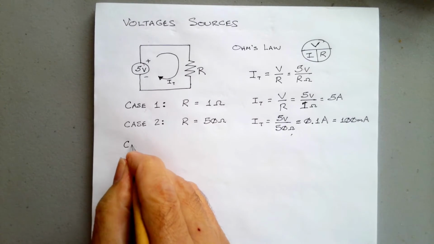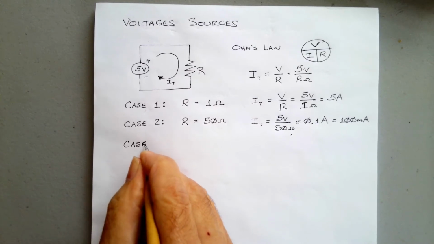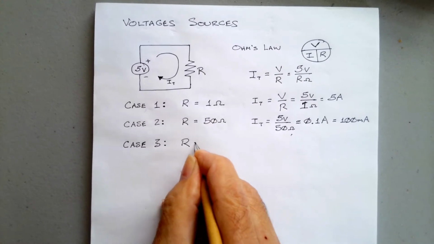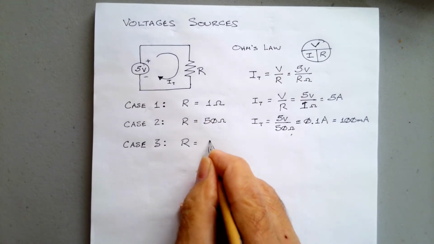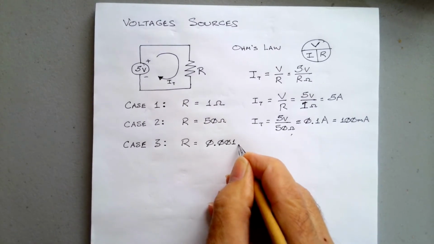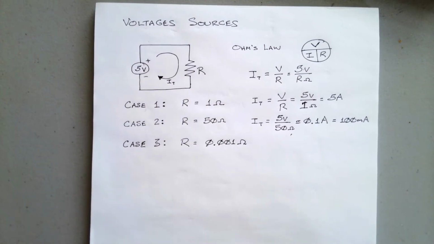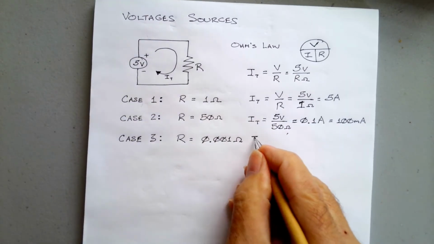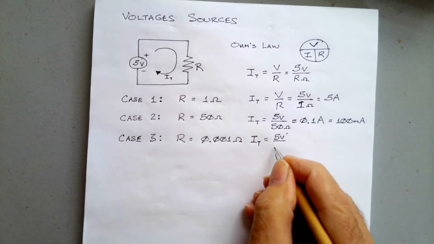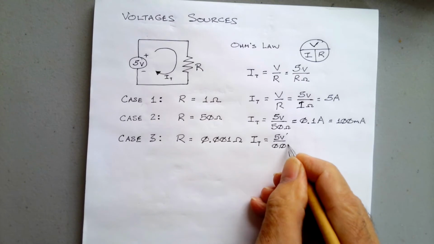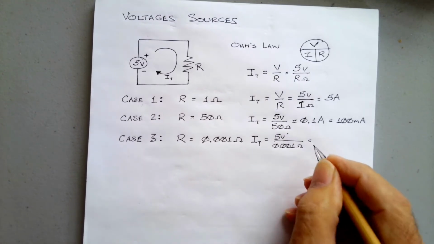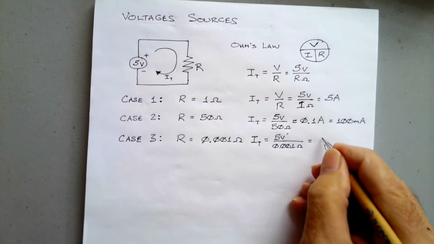Let's take an extreme case, where R is equal to 0.001 ohms. R is equal to 1 milliohm, if you will. Well, I total equals 5 volts divided by 0.001 ohm, and we can bring in the engineering notation here.